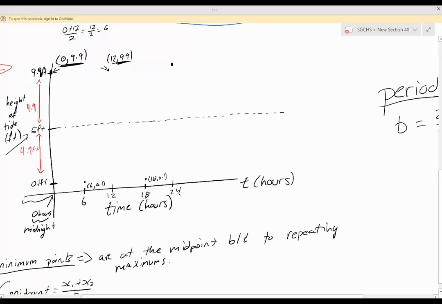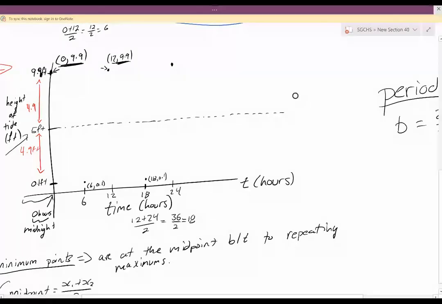Something useful to notice is we could also find this using our midpoint equation. So 12 plus 24 divided by 2. 12 plus 24 gives me 36, and dividing that by 2 gives me 18. So you could also determine it that way.